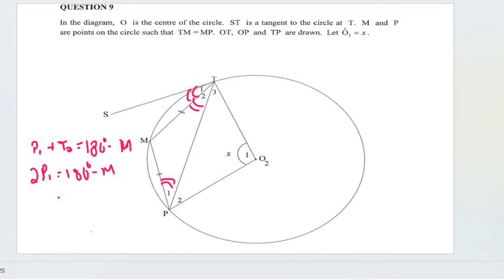It's because we know that P1 is equal to T2, the base angles of an isosceles triangle.